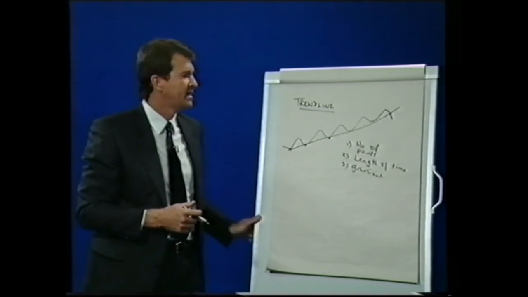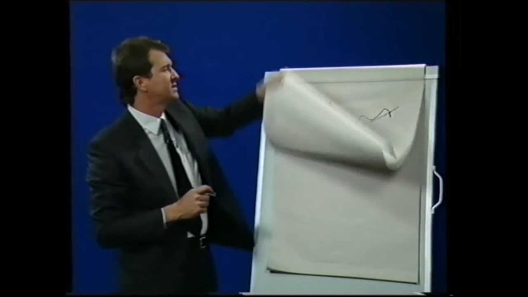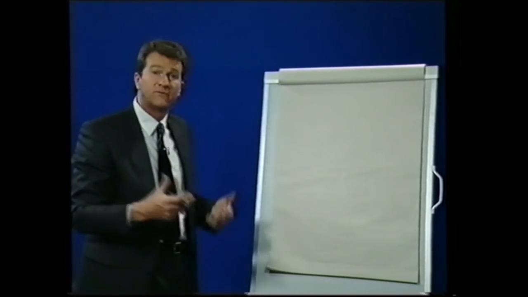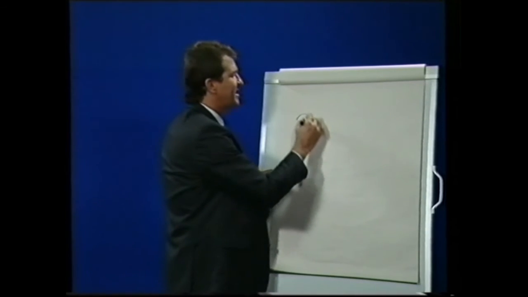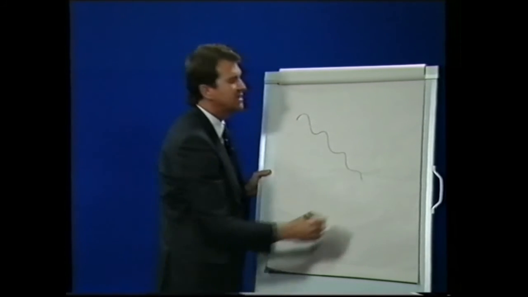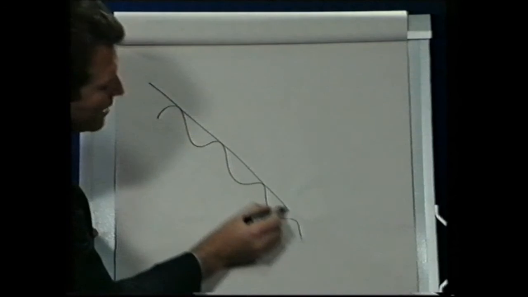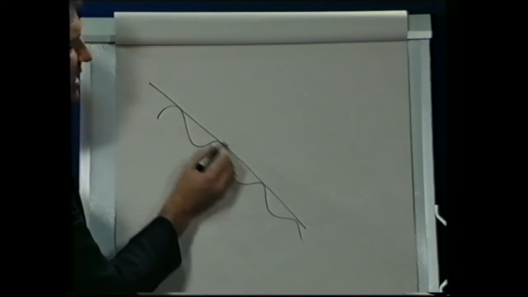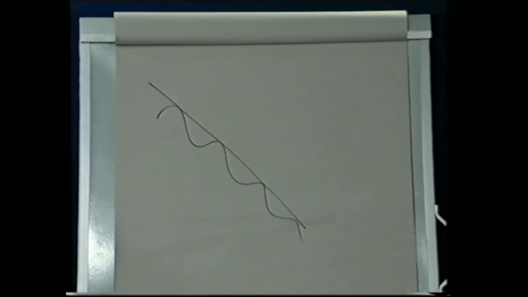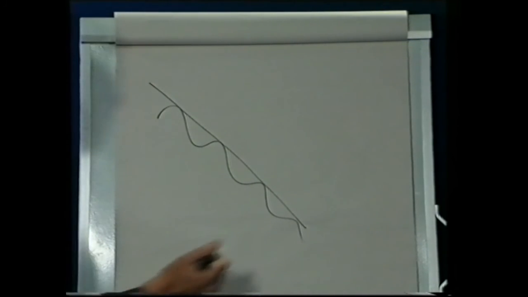Let's now have a look at what the trend line would look like if the market were falling or in a bear phase. If the market is falling, your trend line would be used to join the tops of each of those cycles. And once again, the number of points touched, the length of time that the trend has been in place, and also the gradient of that drop would be important indications to determine the strength of the trend line.